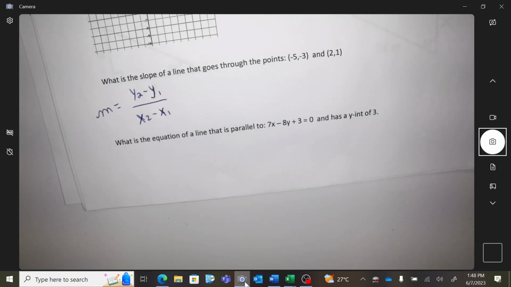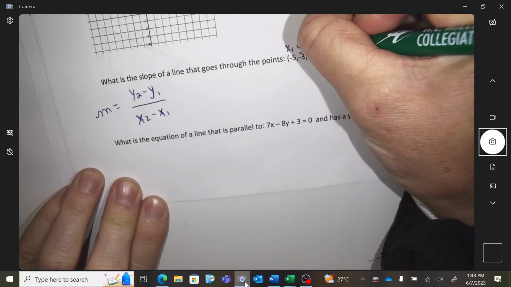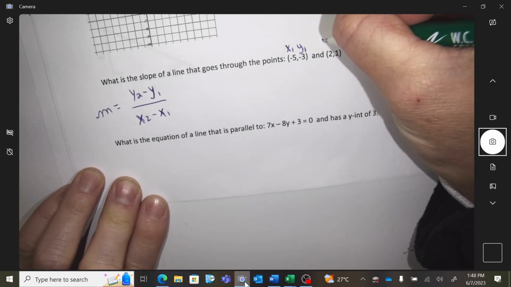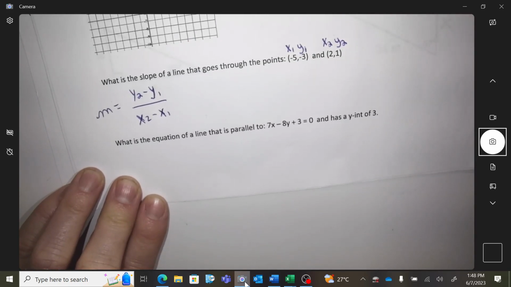Okay, let's label some stuff here. I'm going to call this x1, y1, which means the x value of the first point, the y value of the first point. So then this would be x2, y2. So this is filling in to an equation.